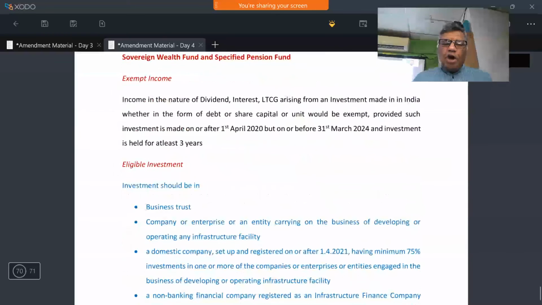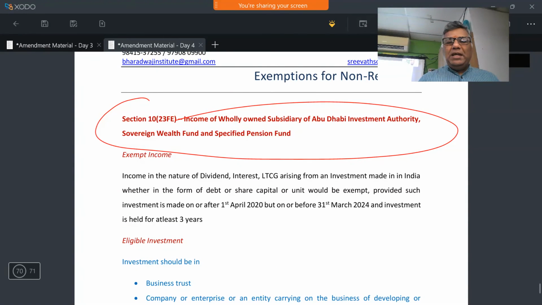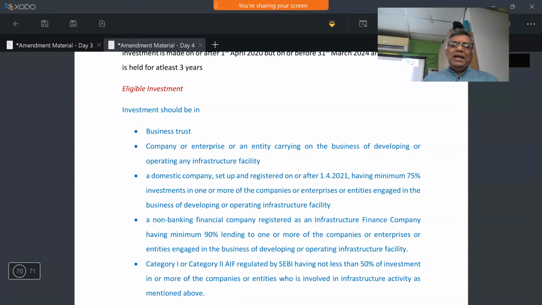On the exemption, last year we included the Abu Dhabi investment fund, sovereign fund, and pension fund, when our Prime Minister and the Abu Dhabi Prince became very close and started offering exemptions at both ends. So eligible investment has been expanded. Till last year, it was only in the petroleum sector and other sectors.